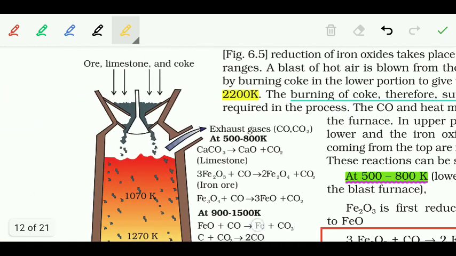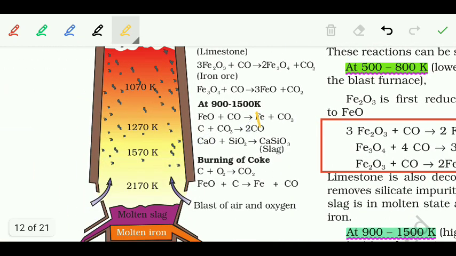As we know, gaseous particles go upward, so the gas goes towards the upper side. Initially, when we are burning the coke, the temperature is too high, that is 2200 Kelvin, but as the gas goes upward, the temperature continuously decreases.